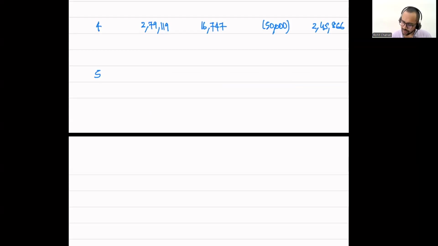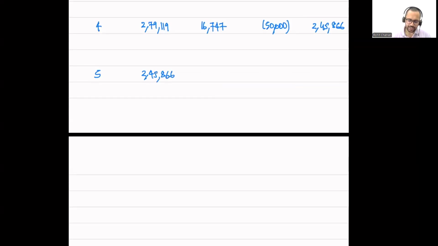For year 4, my beginning balance will be 2,79,119. I have interest calculated at 6%, and that will give me 16,747, less a payment of 50,000. That gives me a closing liability of 2,45,866.